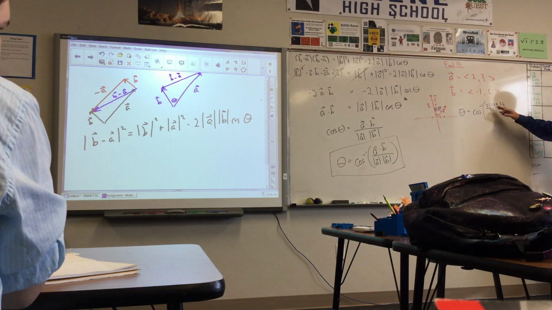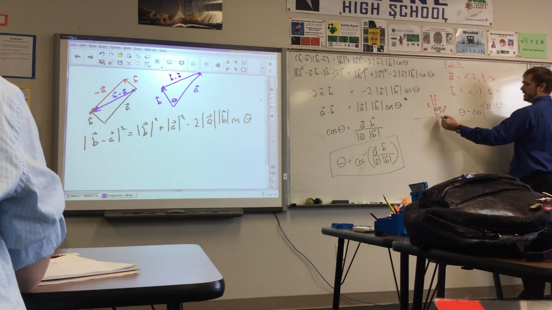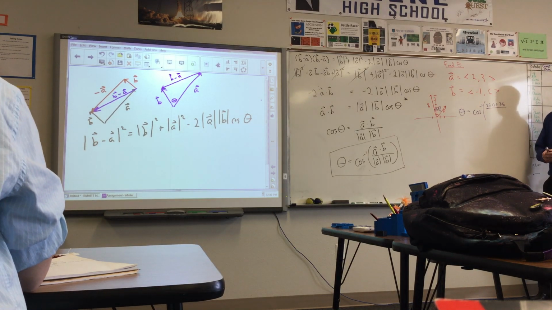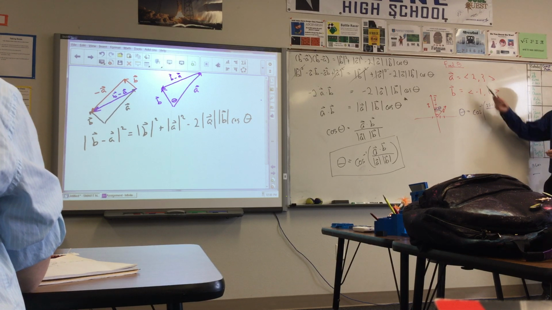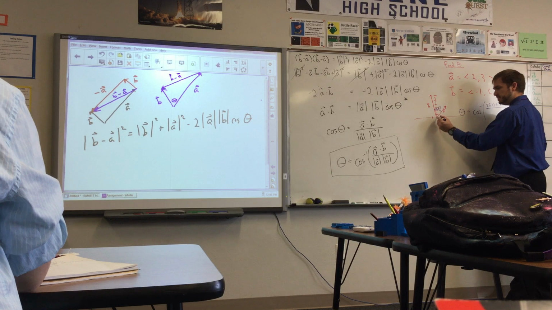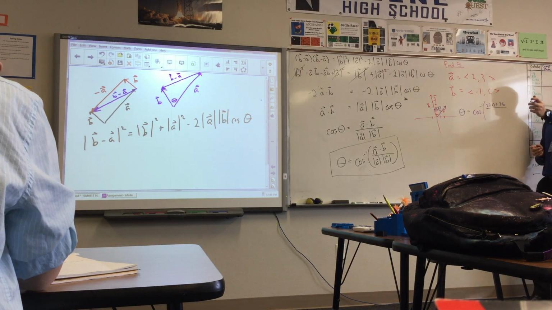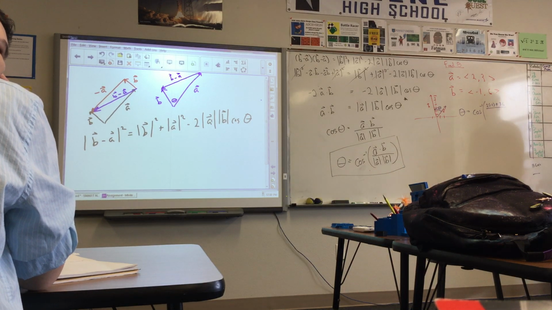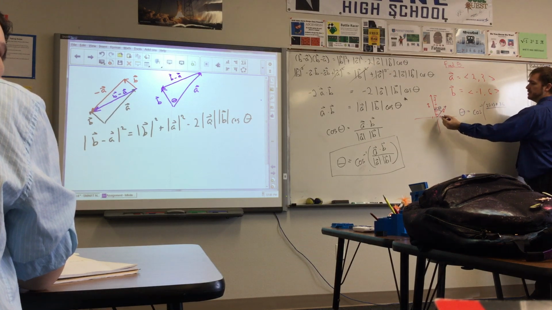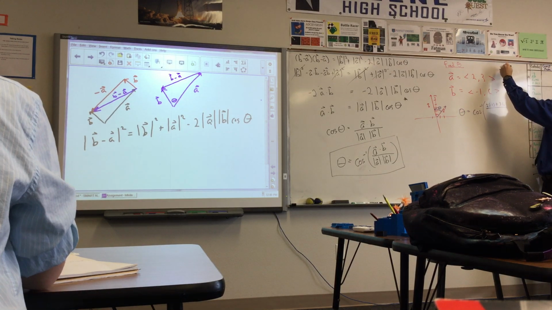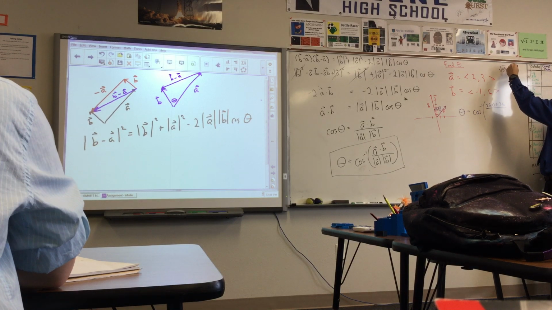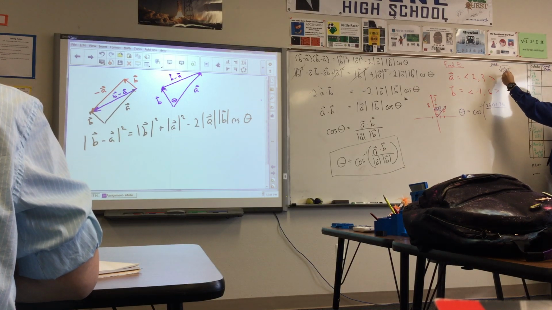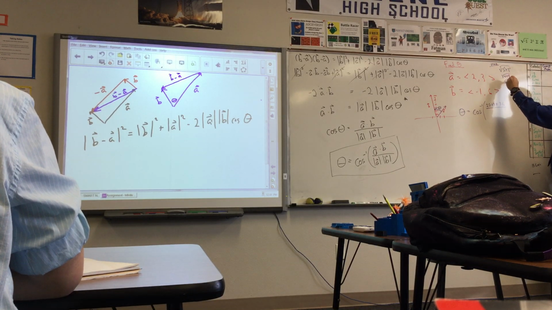All divided by magnitude of vector A. So how do we find the magnitude of a vector? Pythagorean theorem. So that's going to be the square root of 2 squared plus 3 squared, so square root of 4 plus 9, so square root of 13.